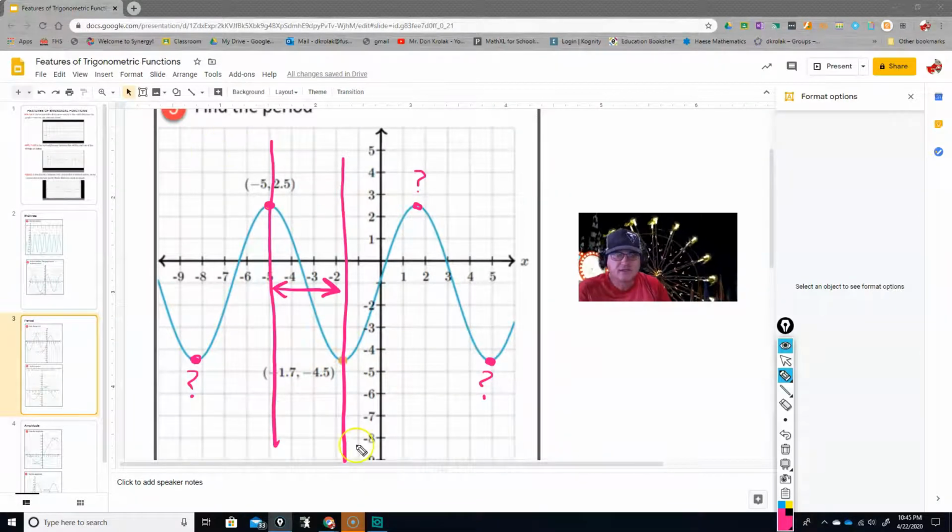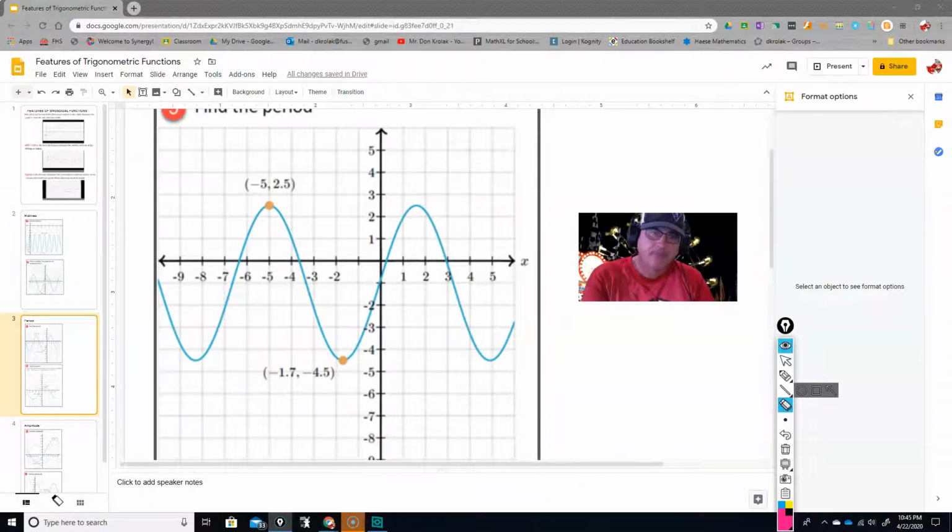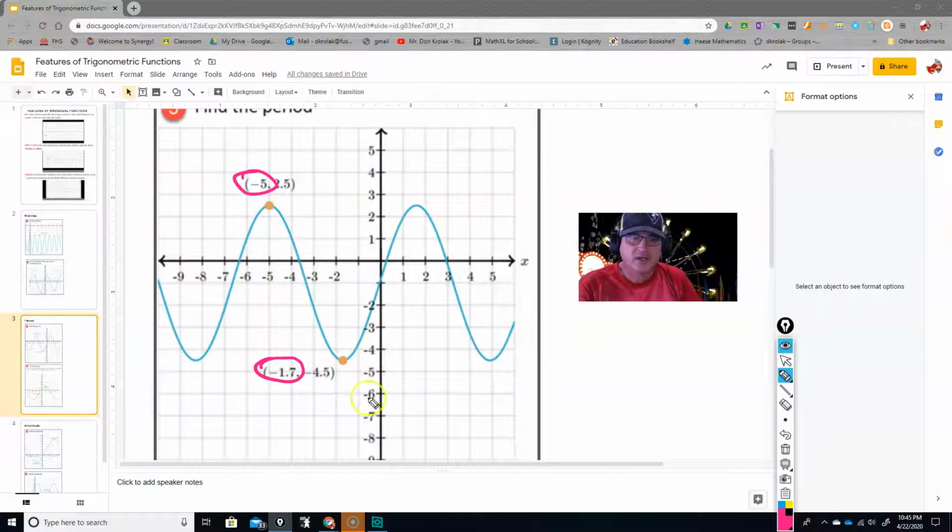So to find the distance there, we are going to subtract out the x coordinates, because we were finding an x interval between that x coordinate and that x coordinate. So to find the distance between two values, we subtract them.